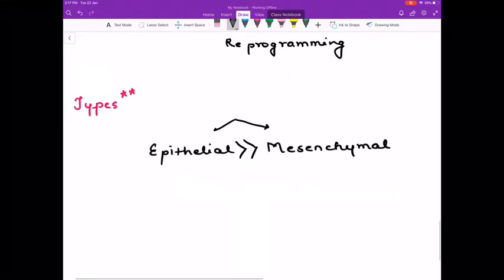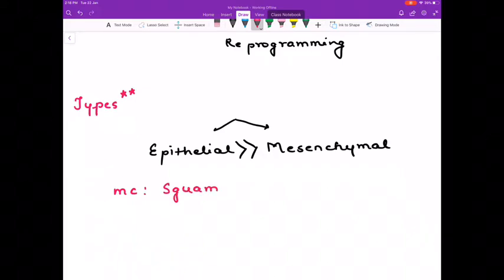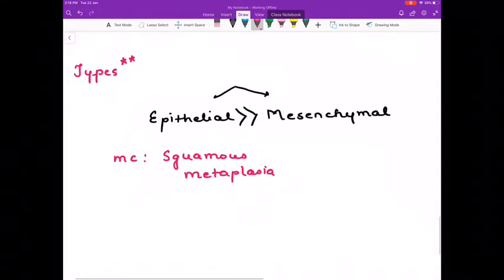For your MCQ, epithelial metaplasia is more common than mesenchymal. Okay, and among the epithelial metaplasia, squamous metaplasia is the most common type of metaplasia. Okay, so one MCQ, epithelial metaplasia is more common than mesenchymal. Second, squamous metaplasia is the most common epithelial metaplasia.